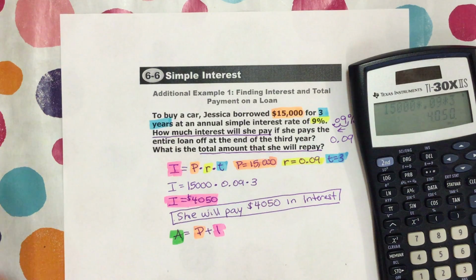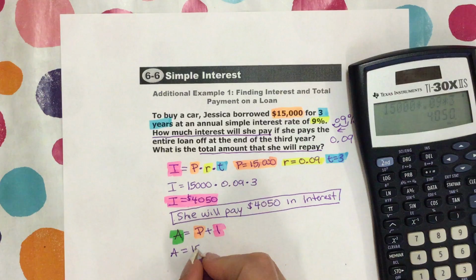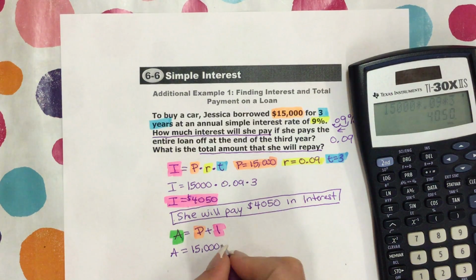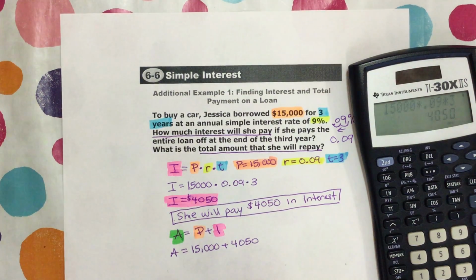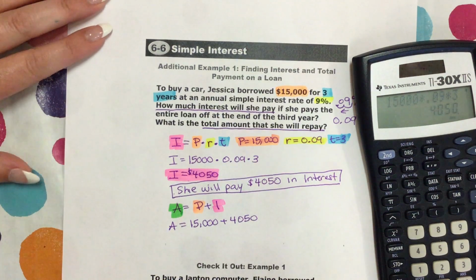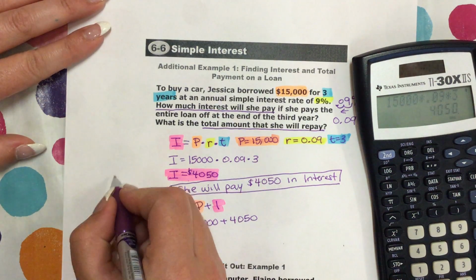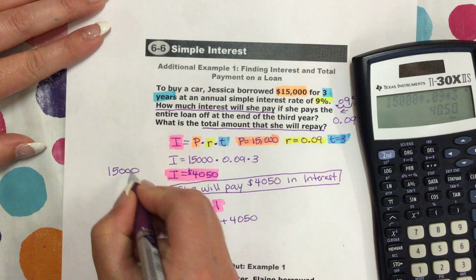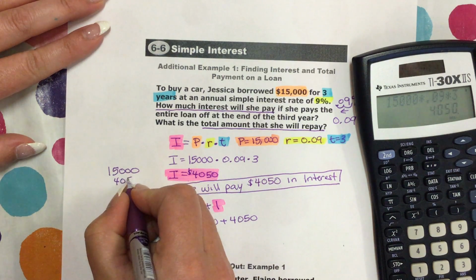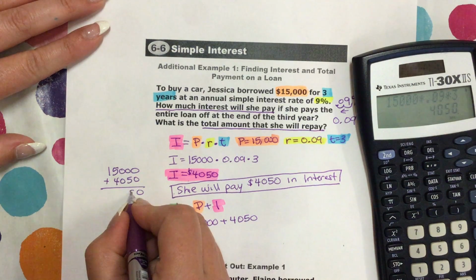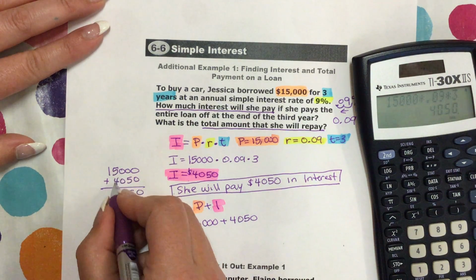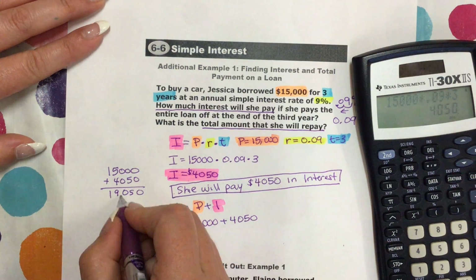We don't know the amount, but we know the principal is $15,000 plus the interest is $4,050. So I'm just going to go ahead and do this on the side. $15,000 and $4,050, and just add those two together. 0 plus 0 is 0, 0 plus 5 is 5, 0 plus 0 is 0, 5 plus 4 is 9, and 1. So there we go.